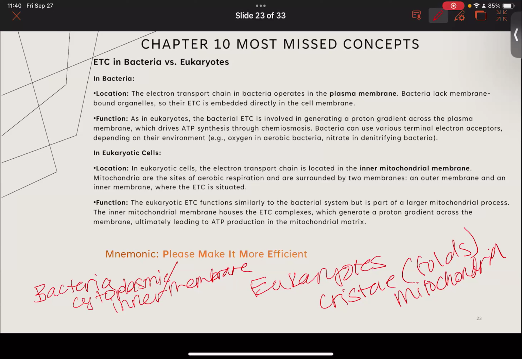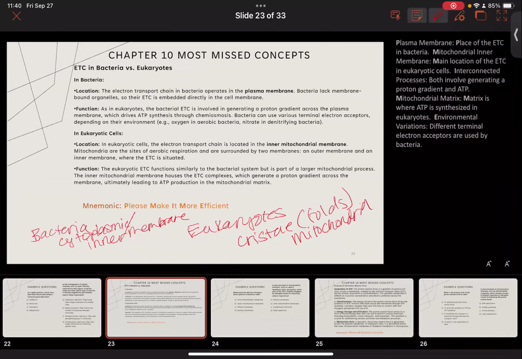So here it's trying to say, please make it more efficient. Let's see how it broke down that. For the plasma membrane, which is the inner membrane, cytoplasmic membrane, that's for bacteria. Mitochondria is going to be the main location for eukaryotes.